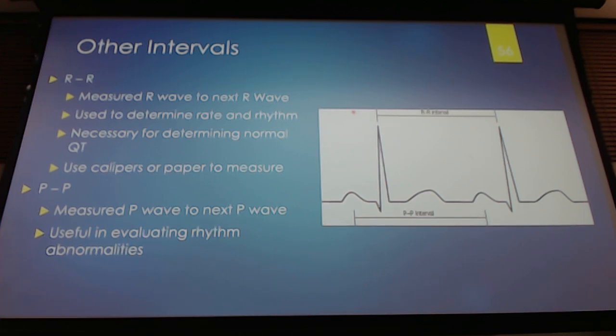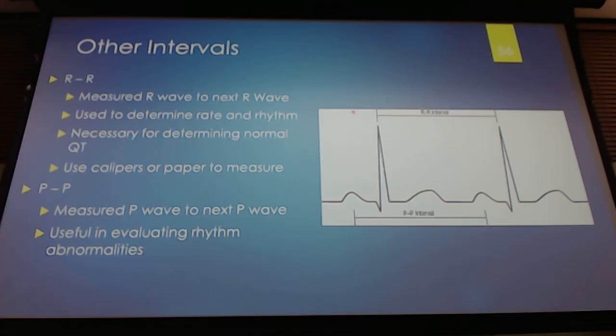Other intervals that you need to know are the R-R interval. That's from the top of one R to the top of the next R. Okay, that's an R-R interval. We usually use that to help us determine rate and rhythm. We look at the top of those R waves. Are they in rhythm?